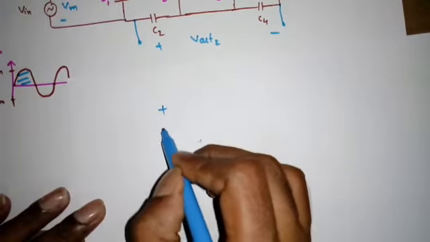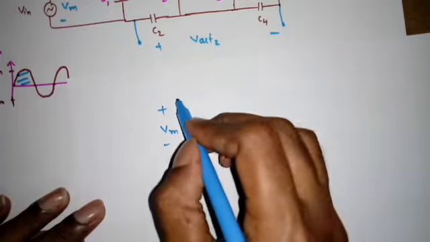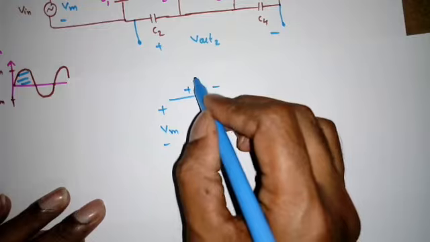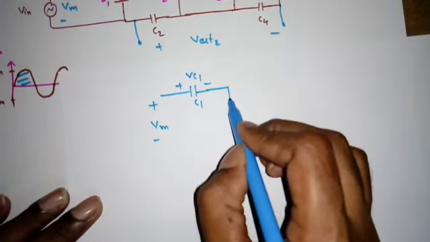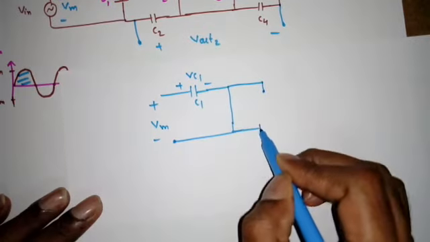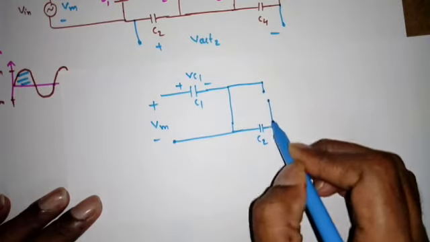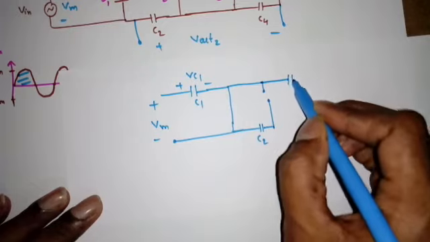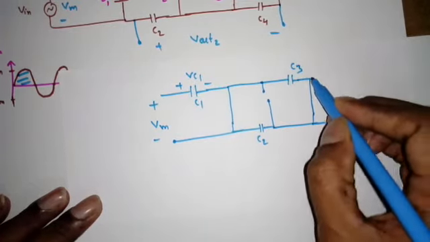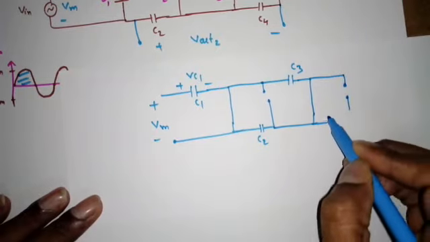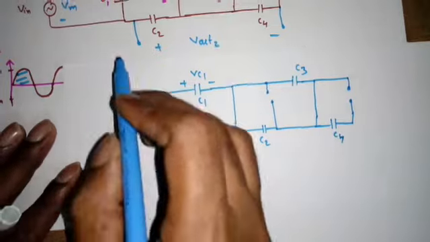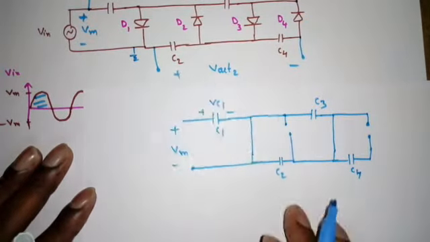Maximum we can apply Vm, capacitor C1 will charge, so that is Vc1. This is the short circuit, and this is the open, this is C2, and this is C3, this is the short circuit, and this is the open, and there is C4. There should be a ground here.